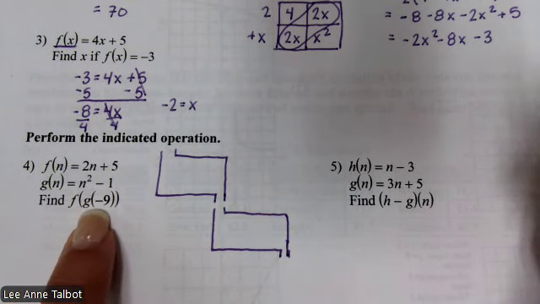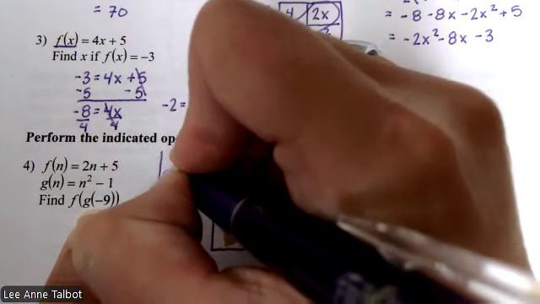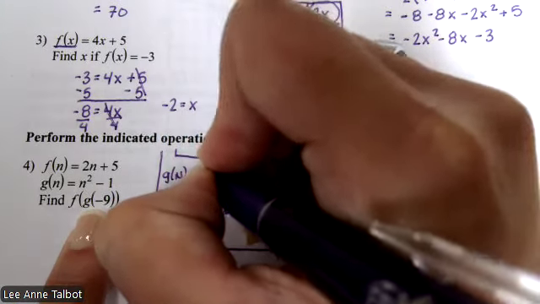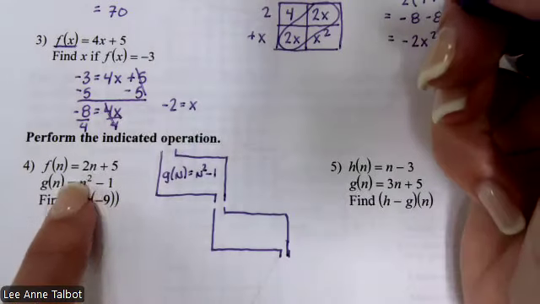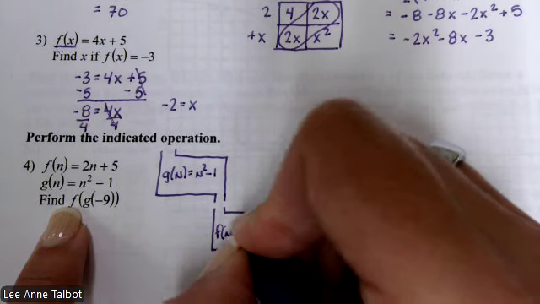And it's telling me that g of -9 is coming first. So g of n goes in the first machine. And f is on the outside, so f goes in the second machine.